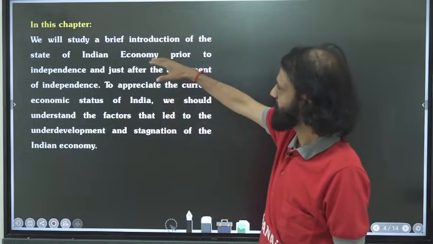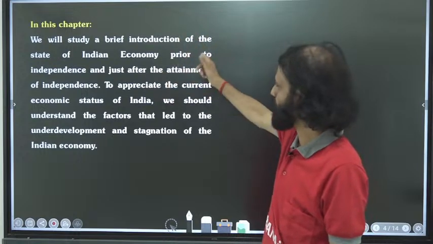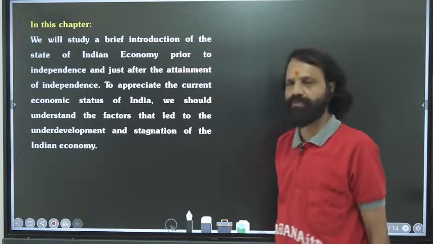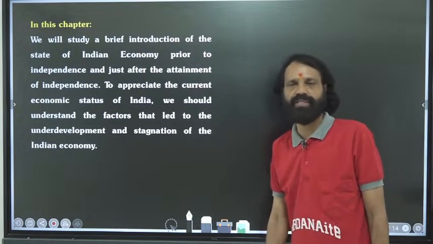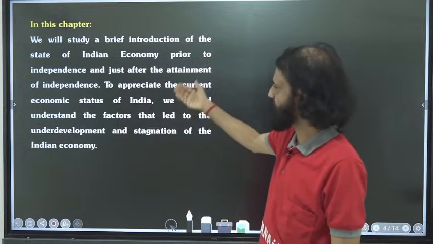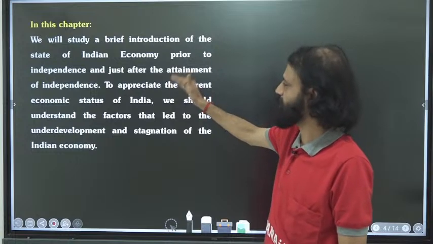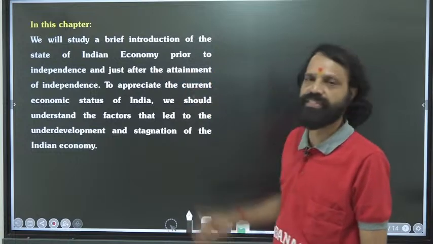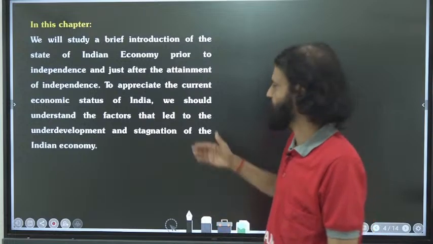So, what was the situation before independence, that we will study. The economy of India before independence, that also we will study in this lesson, and after that what happened after independence, the status of the Indian economy, that we will also study.